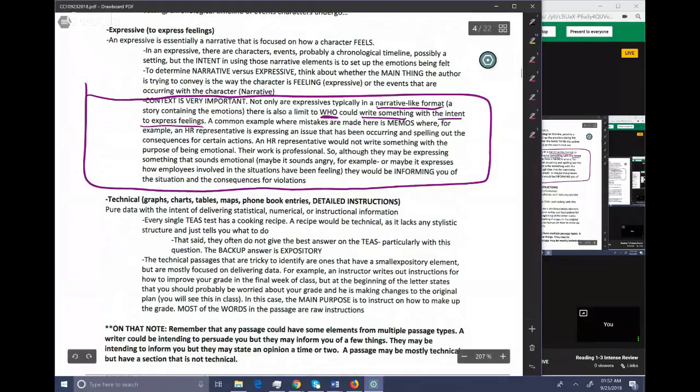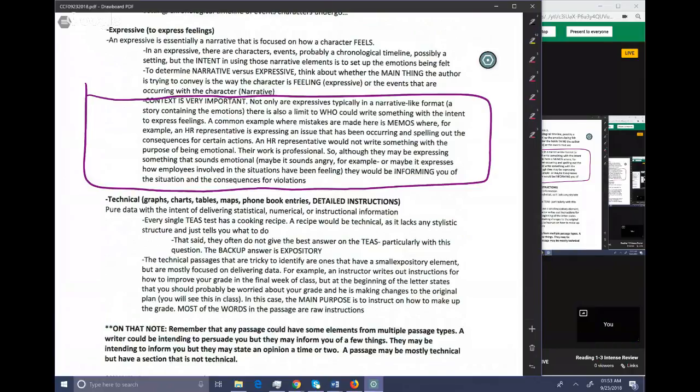A very good example where I get a lot of questions from one of the, I want to say it's the Reading 5 packet, but I could be totally wrong about that. There's one where an HR person writes a memo about how people have been taking each other's food out of the fridge. And it's kind of a memo that's like threatening them that these are the consequences if you do this.